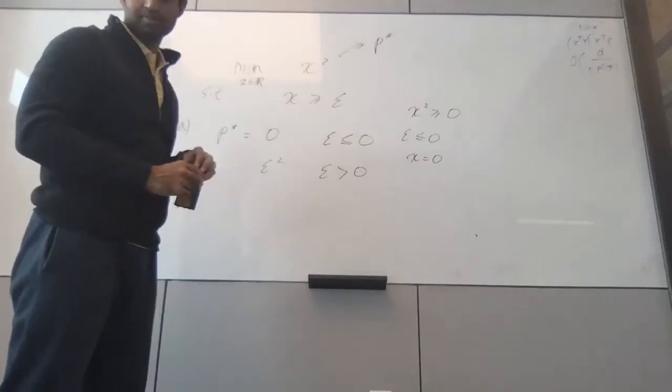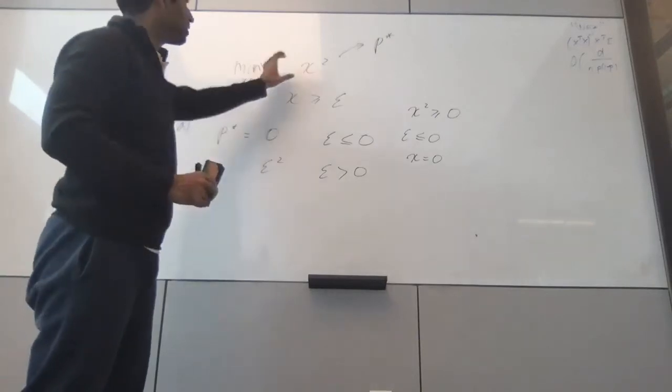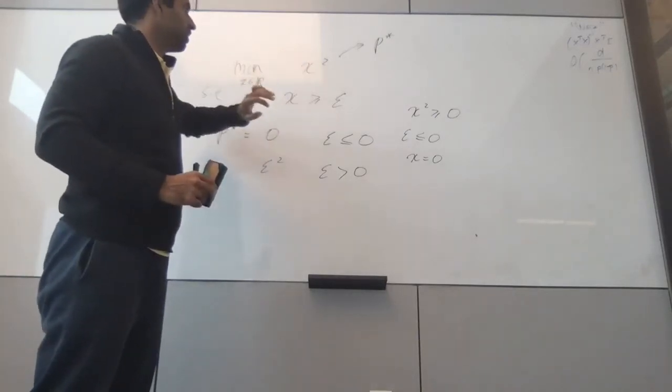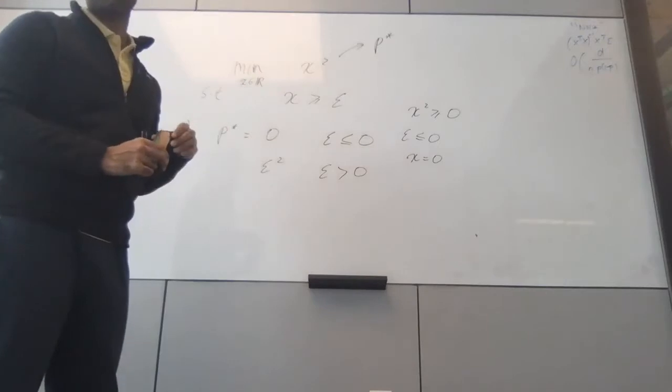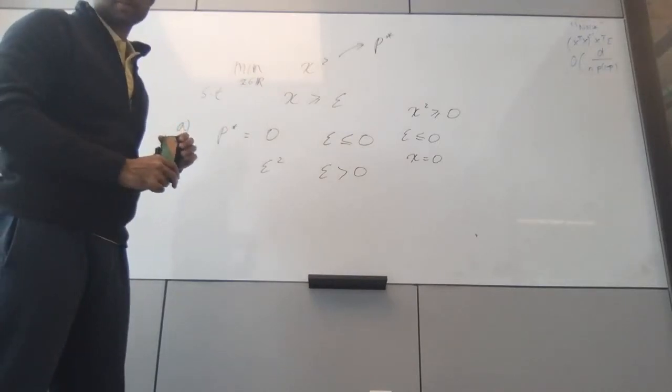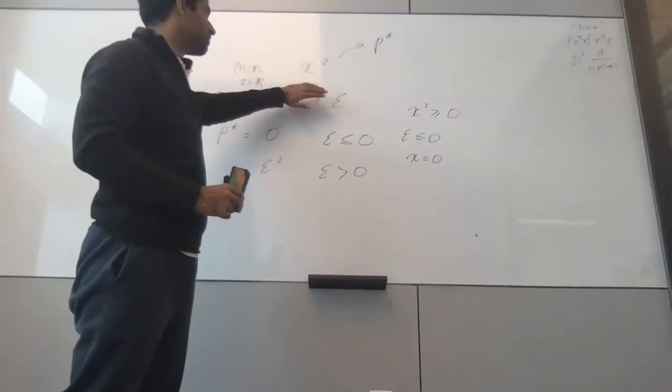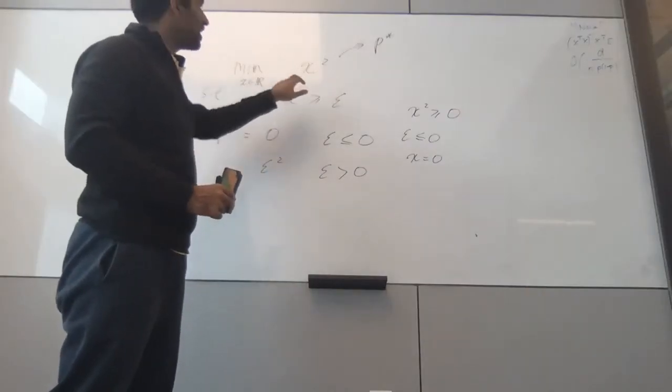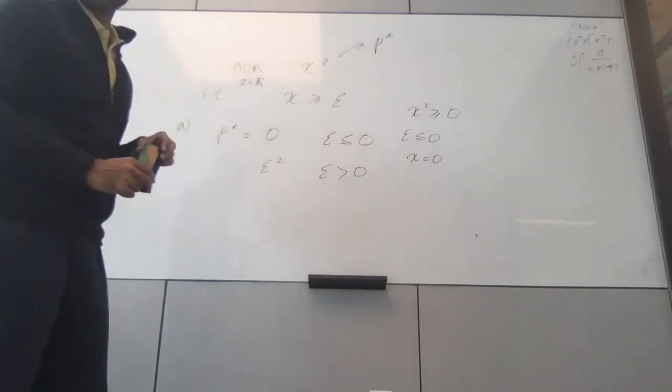You don't have the constraint that x is greater than epsilon, and you're just trying to minimize this function. What is the lowest value that x squared could possibly take? 0. Yeah, the lowest value it could possibly take is 0, and it attains that value at x equal to 0.